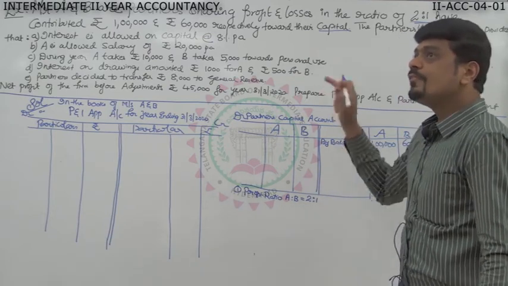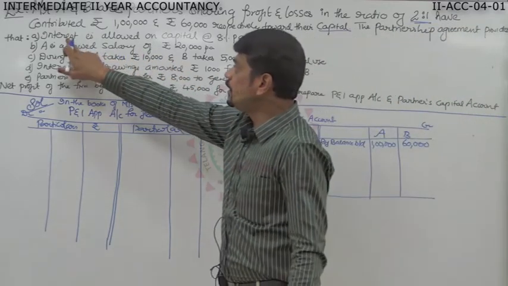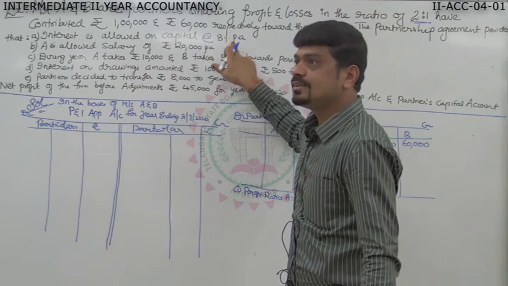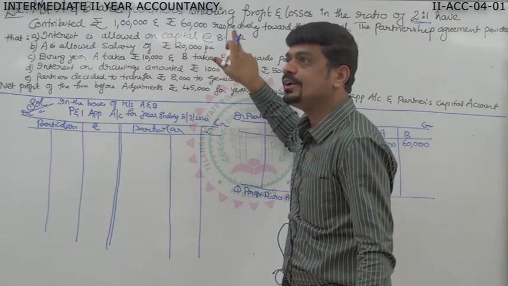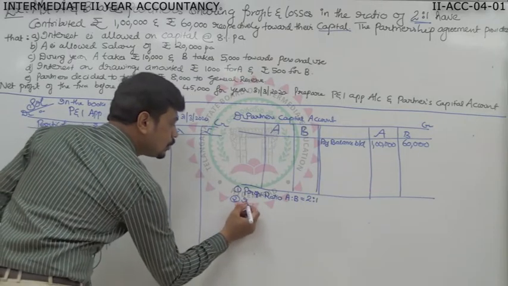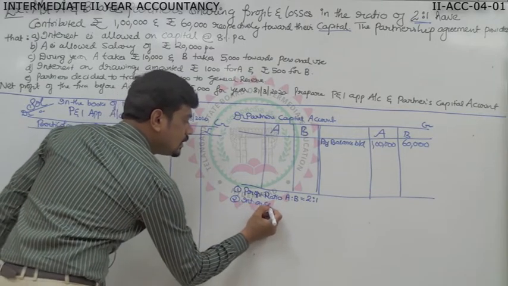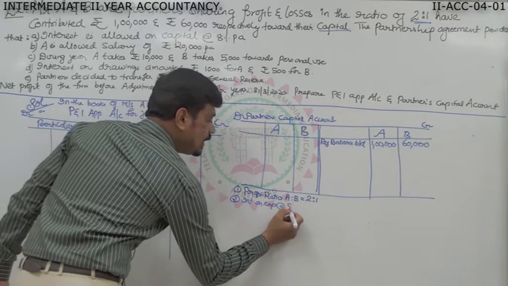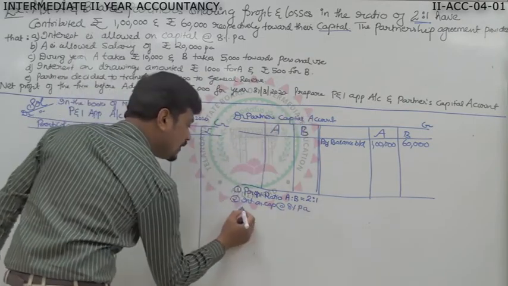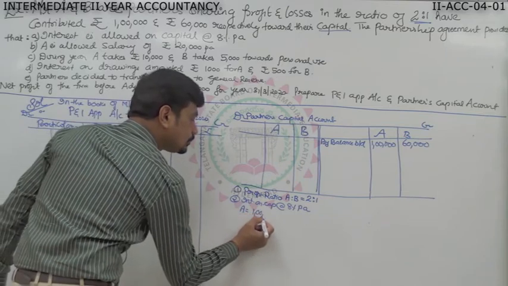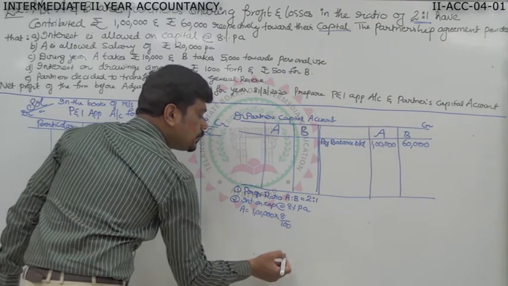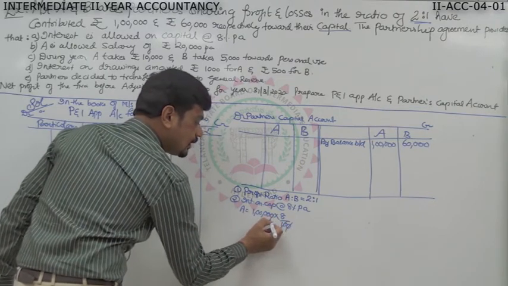Now we'll follow the rule. What did they say? Interest is allowed on capital at 8%. We have to calculate 8% interest on capital. So working note number 2, interest on capital at 8% per annum. What is the amount of A? 1 lakh into 8%, 8 by 100, zeros cancelled.